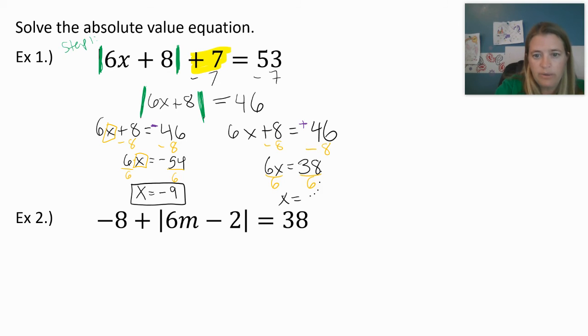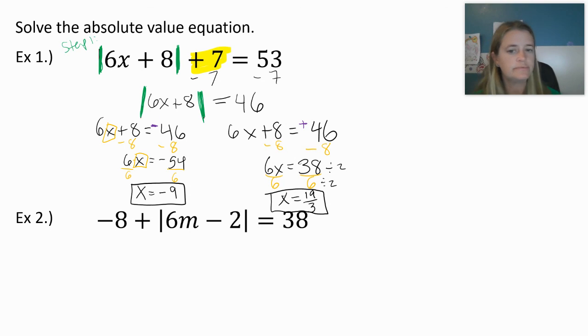We know 6 does not go into 38 evenly, so we're going to reduce that. We just think, what number goes into both of them? Well, I know they're both even, so I can divide the top and bottom by 2 and reduce that fraction. So it's going to be 19 over 3. And that is our answer.